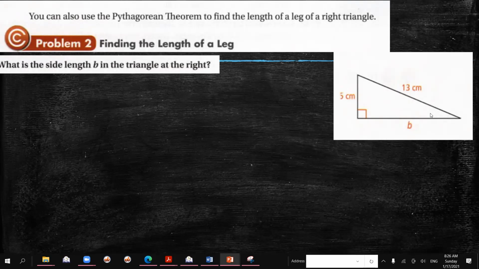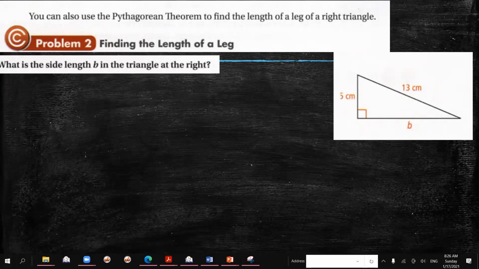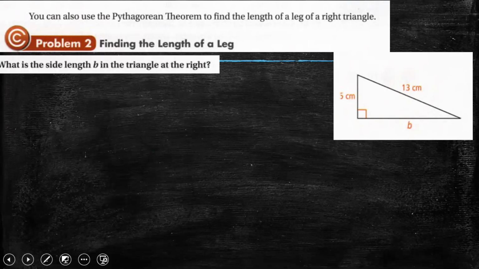So here, a squared plus b squared equals c squared. Now, where is a? It is 5, exactly, 5 centimeters. 5 squared.